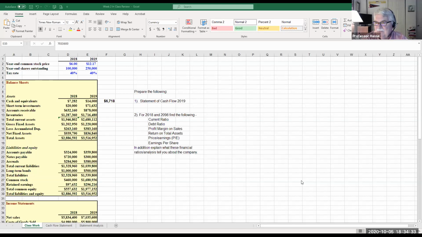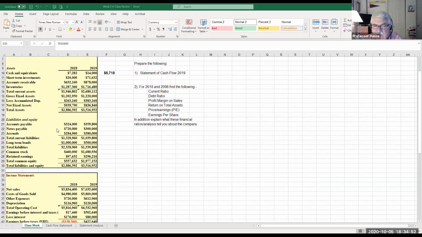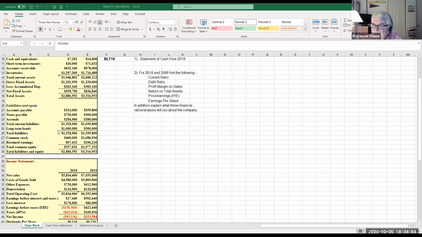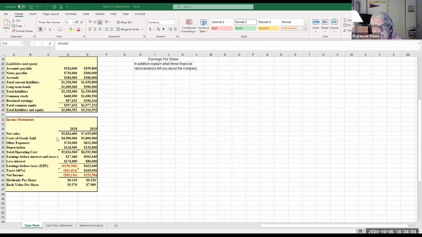The financial statements. Many of you had to take accounting or got waived out of accounting to take this class. The accountants put these things together. A balance sheet, a statement of what you own, assets, what you owe, liabilities, and what you own of those assets, equity. The income statement, a statement of revenue and expense, profits.